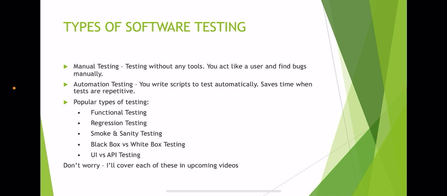Don't worry about these technical terms related to software testing, because once we go through each and every concept, you will become a master in it. You will start every concept from the scratch level and go to the advanced level.